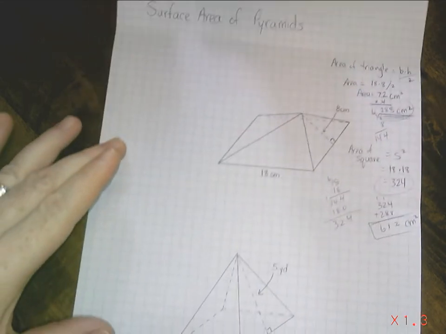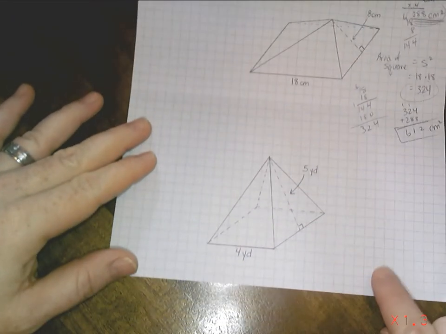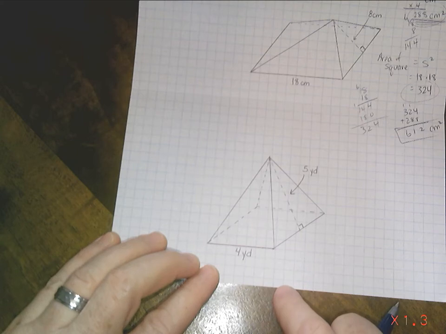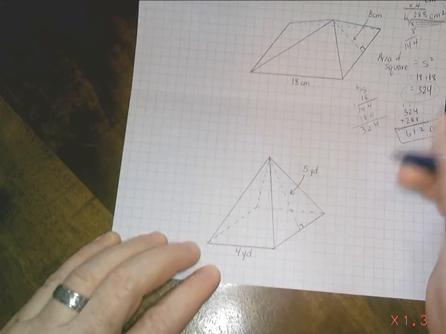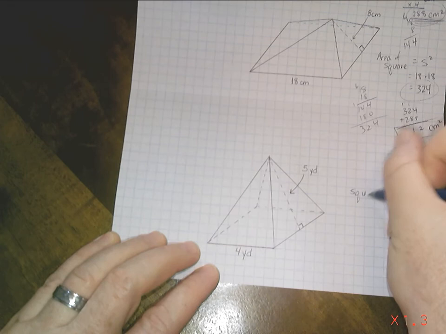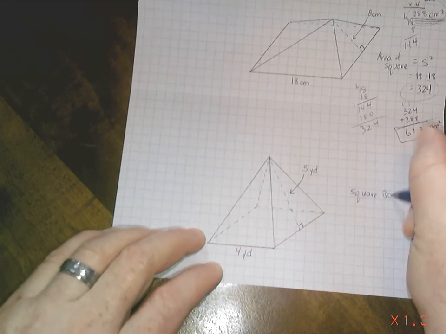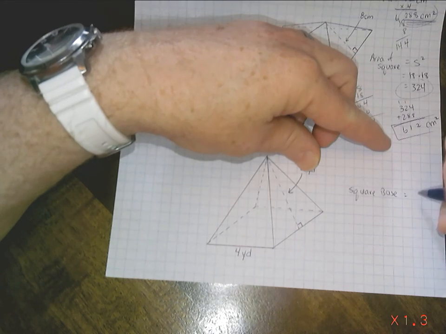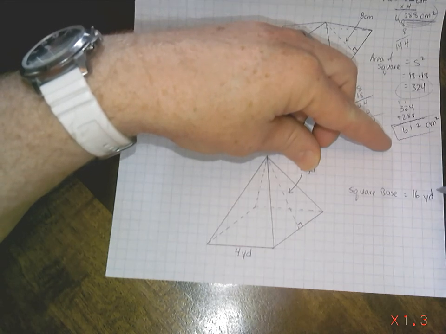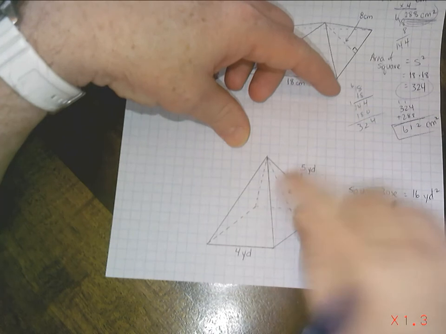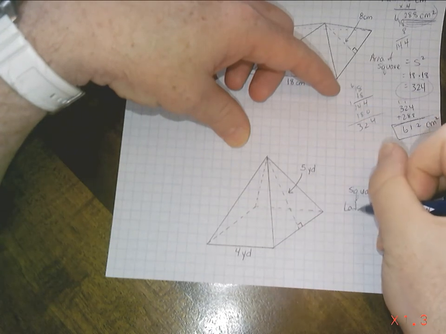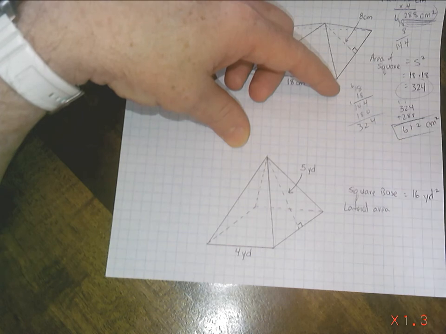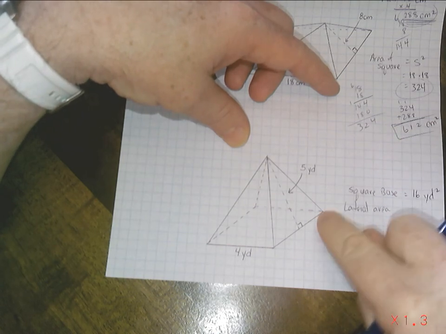Now, I've got another one that's not in your homework. This one here, the base is a square. It's a square base, it's a square pyramid. This is a 4 by 4, so we know that the square base is 4 times 4, which is 16 yards squared. And then the sides, the lateral surface area, which is a triangle, is going to be base times height divided by 2.